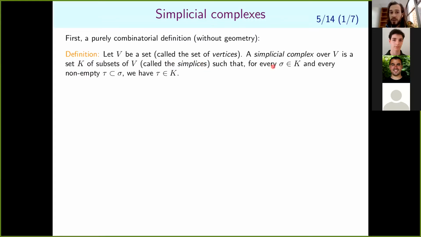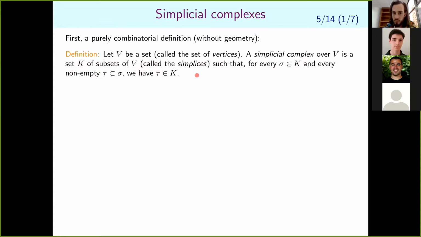For every simplex sigma in K, that is for every subset of V that I choose, I ask that all the subsets of sigma are also in K.